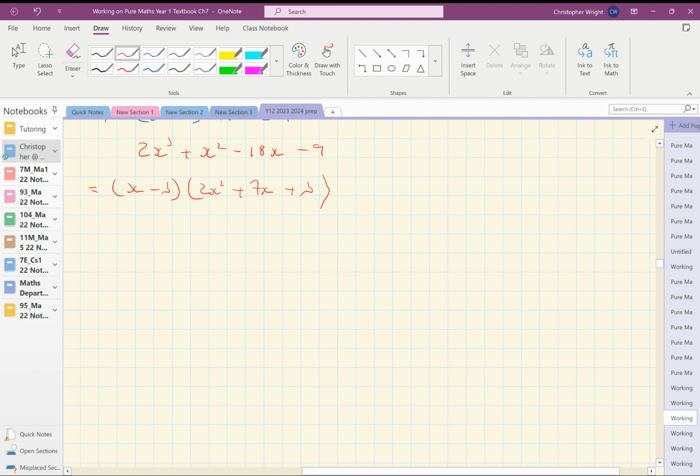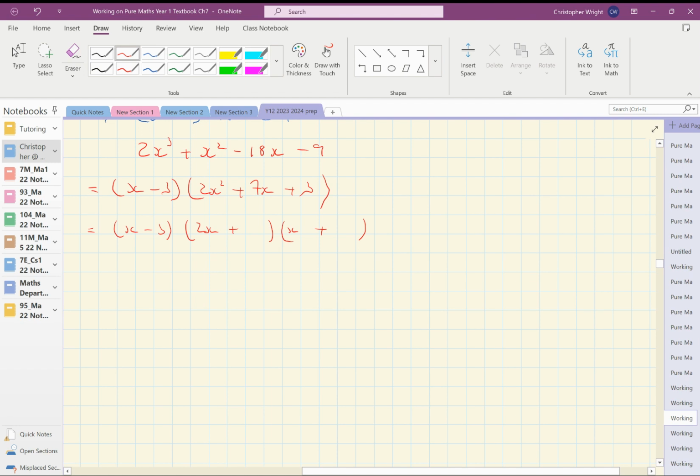The question is, can I factorize this any further? I bet I can. Let's have a look. So I'm going to have x minus 3. Right. Clearly, this is going to be a 2x and an x, and I'm going to have a plus and a plus. Now, I need numbers that multiply to 3.